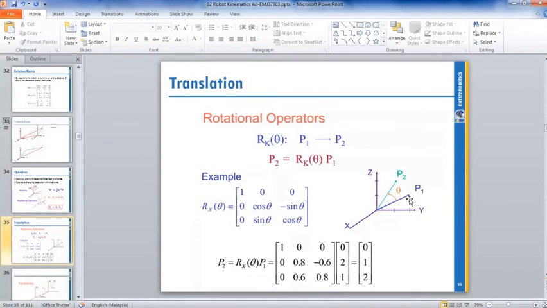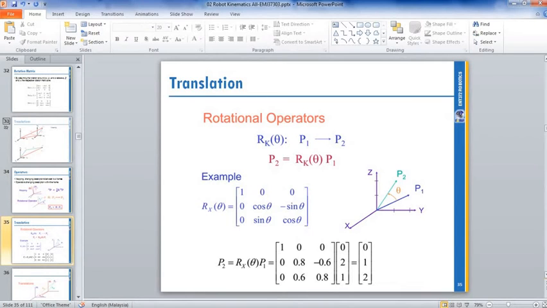So for example, your robot, your motor rotates to P2 and then rotates to P3. So you only multiply based on which axis is rotated. So you multiply with this formula.